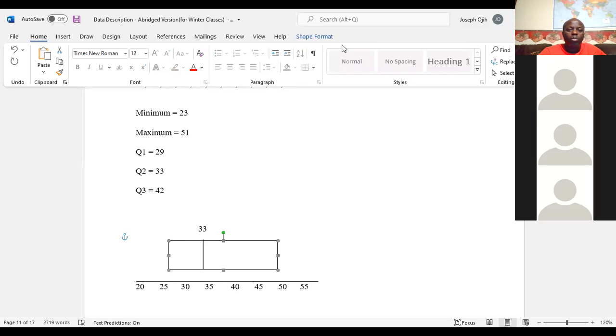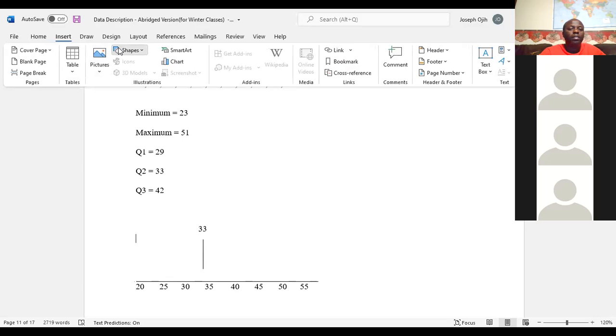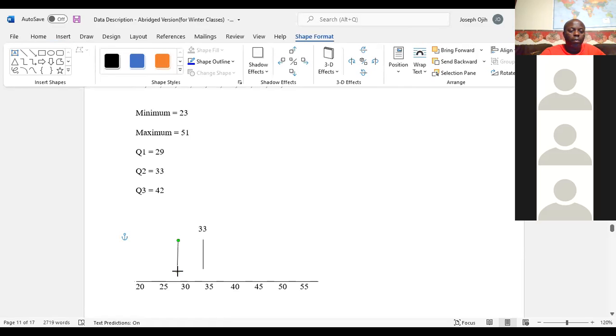Okay, you know what? I'm going to try to draw it with regular drawing. So I'm just going to use lines. The line should be around here. So I'm going to put it right there. It doesn't go up.